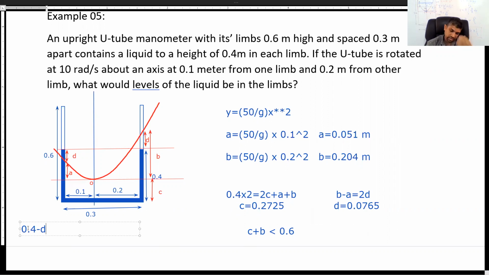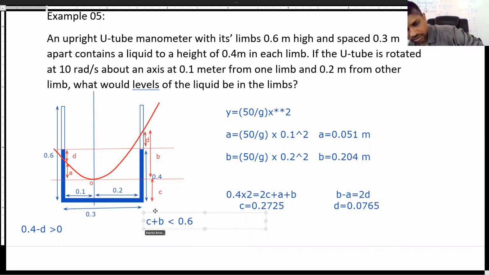So that one minus D must be a positive value. These are the boundary conditions. In other words, C must be a positive value.